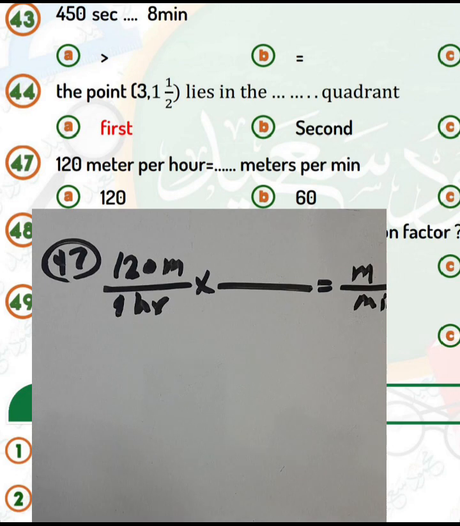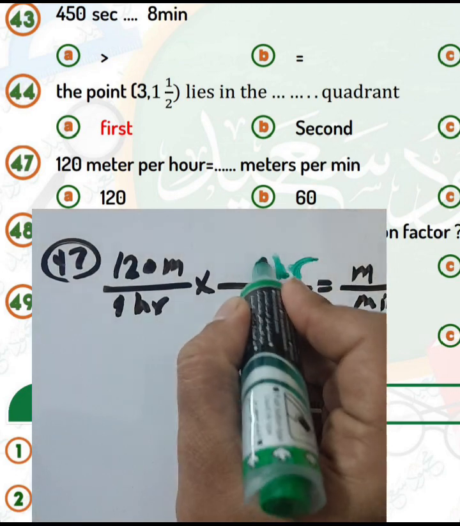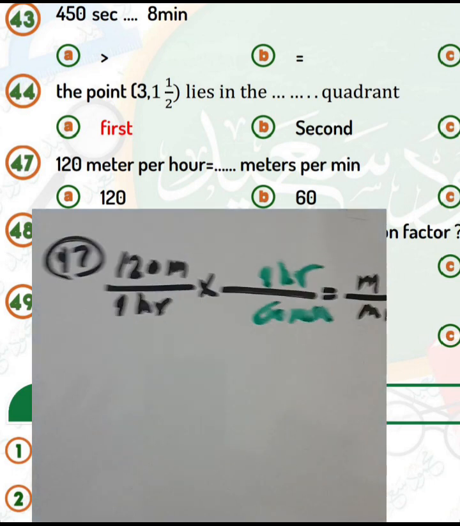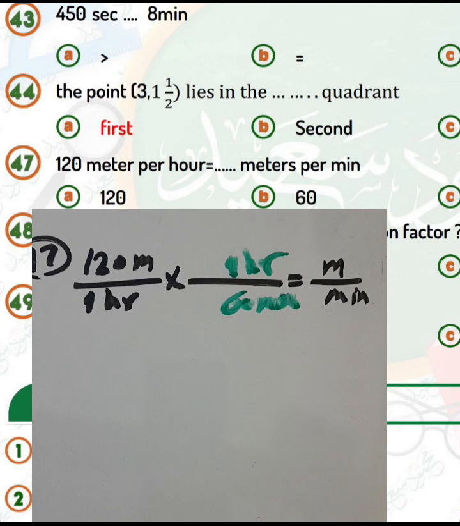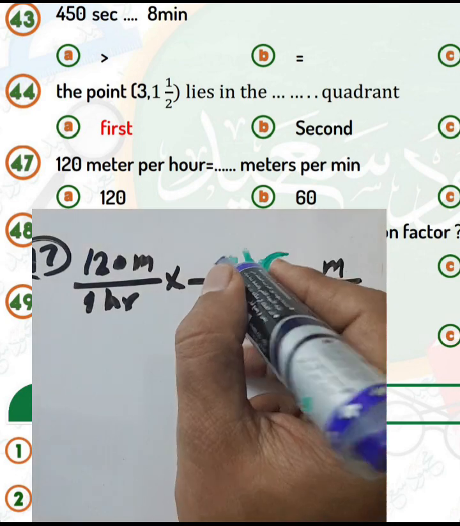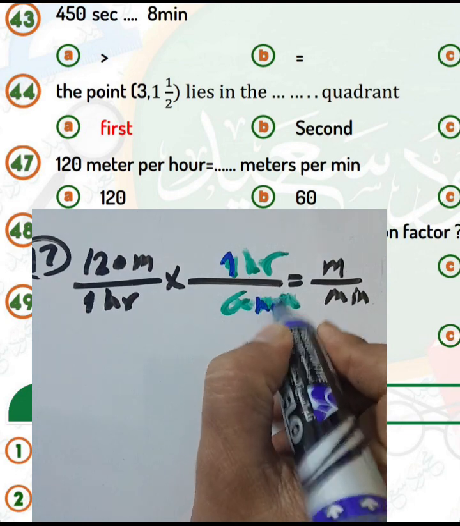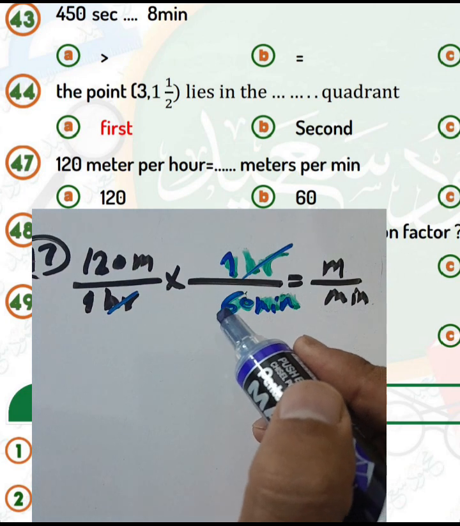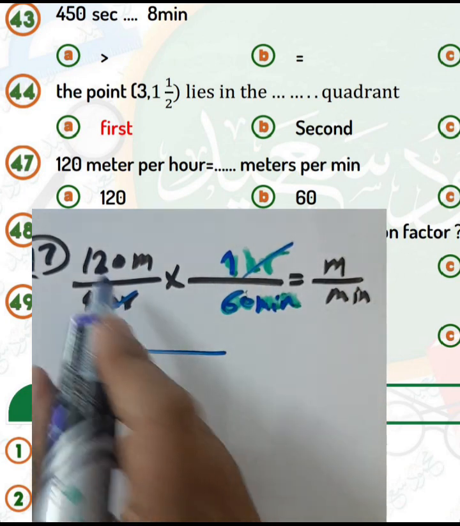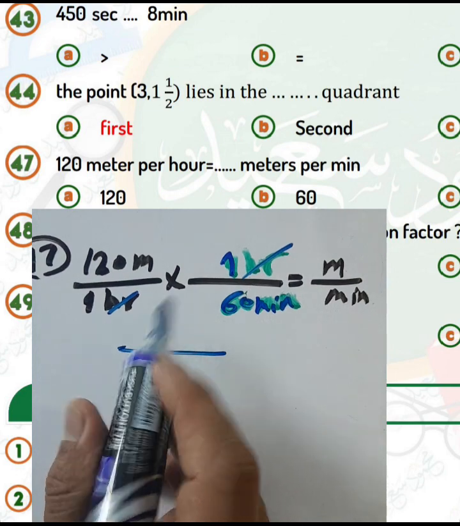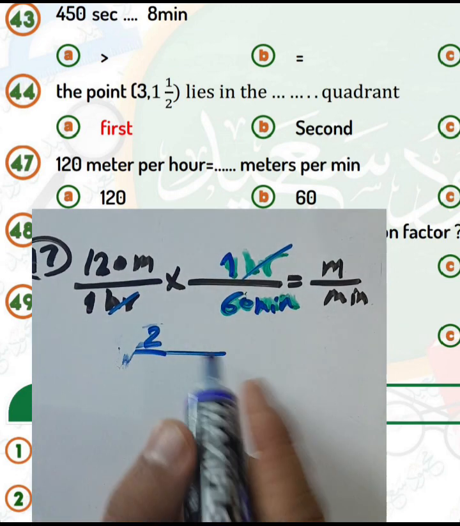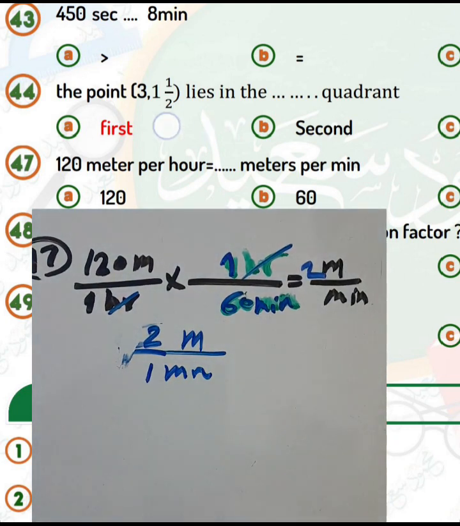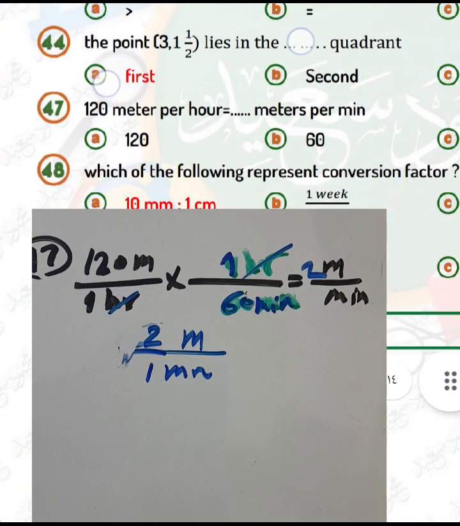Then we can write here 1 hour up and 60 minutes down. We can cancel hour by hour, and the result will be 120 divided by 60 equals 2 meter per 1 minute. Choose letter C.